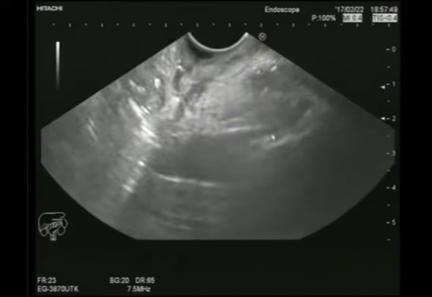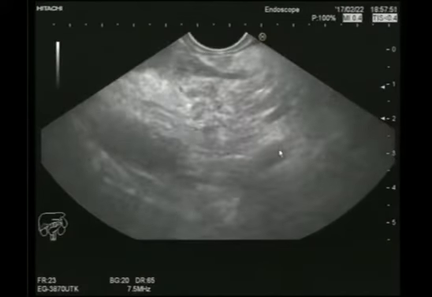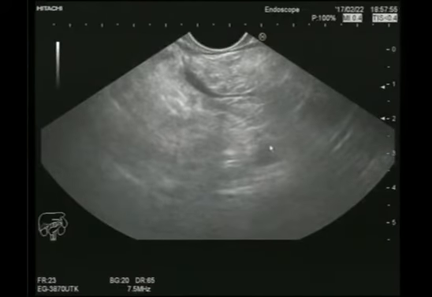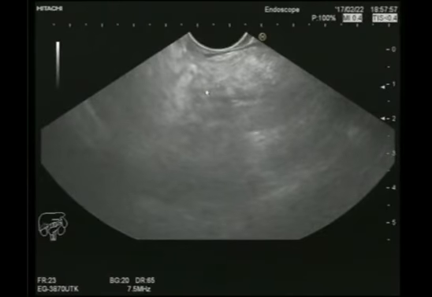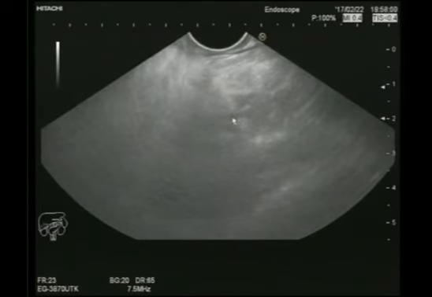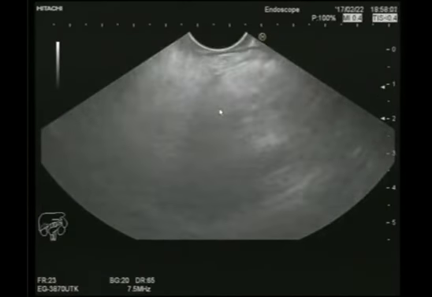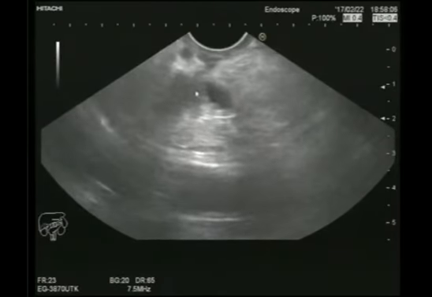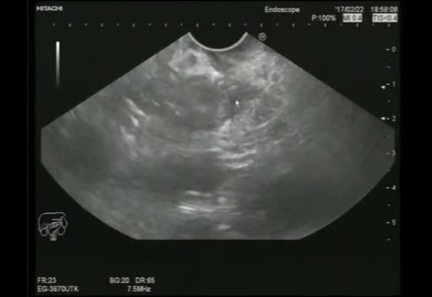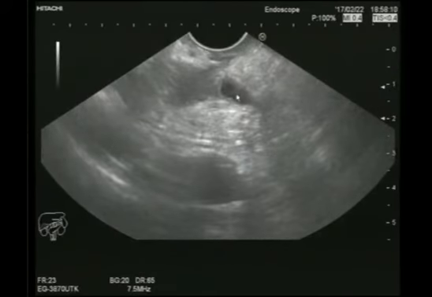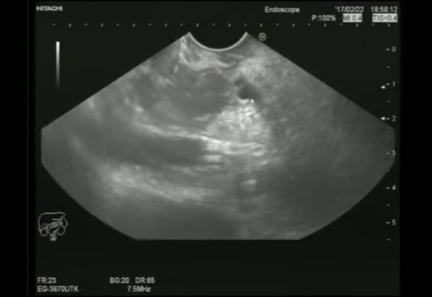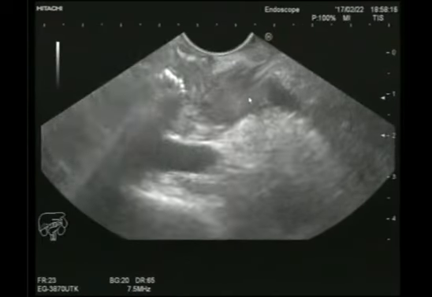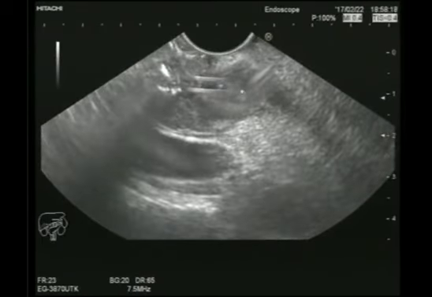We are withdrawing slowly, and we are trying to examine the rest of the pancreatic head. Now we see a dilation of the pancreatic duct better here. The pancreatic duct is significantly dilated in the head of the pancreas, and now we see in full view the mass.